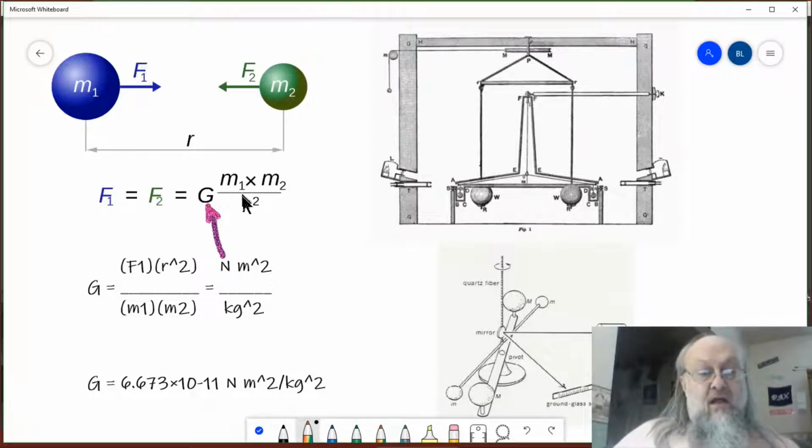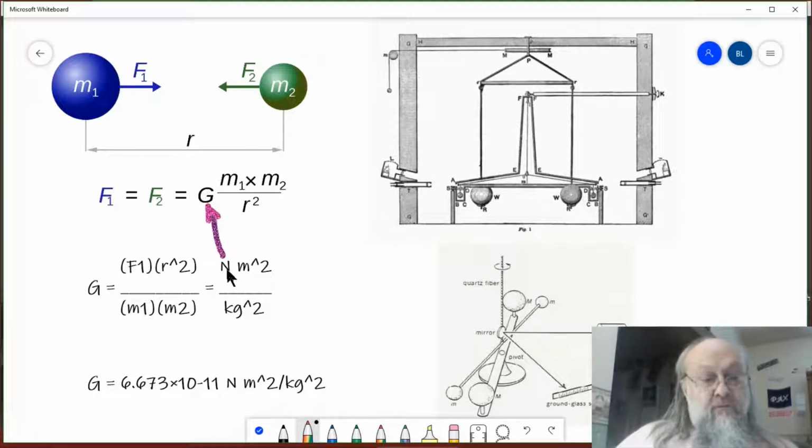So you multiply by r squared. So it goes F times r squared. I can't draw a little square up there, so I have to use a shortcut to mean squared. But you have F times r squared, and then you divide by m times m, m1 and m2. So G equals that.